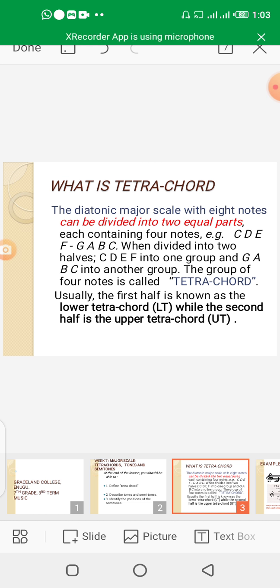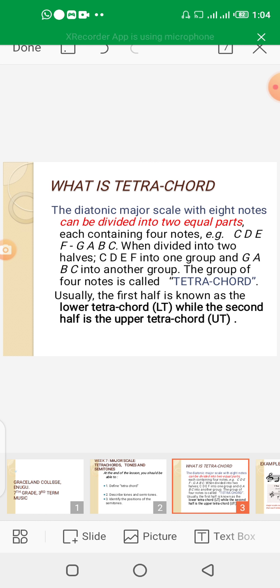Those are the two parts, each containing 4 notes. For example, C, D, E, F, and G, A, B, C. When divided into two halves, C, D, E, F in one group and G, A, B, C in another group, the group of 4 notes is called a tetrachord.